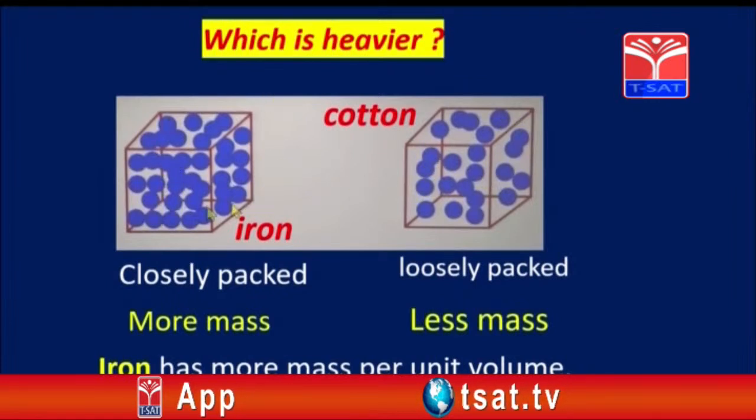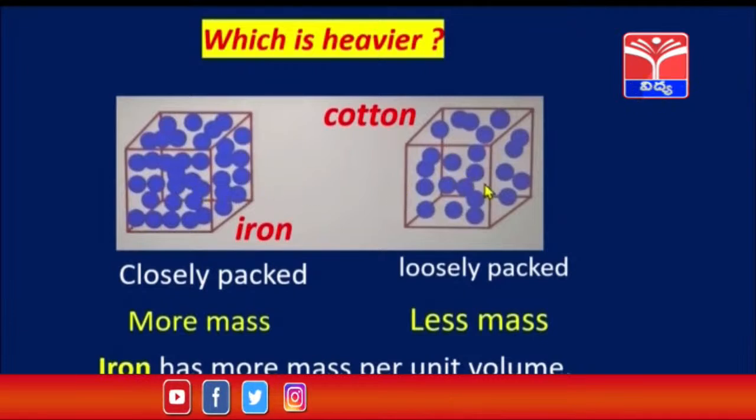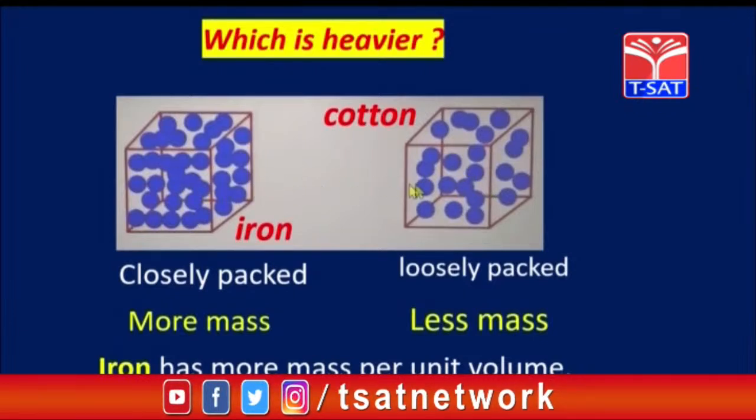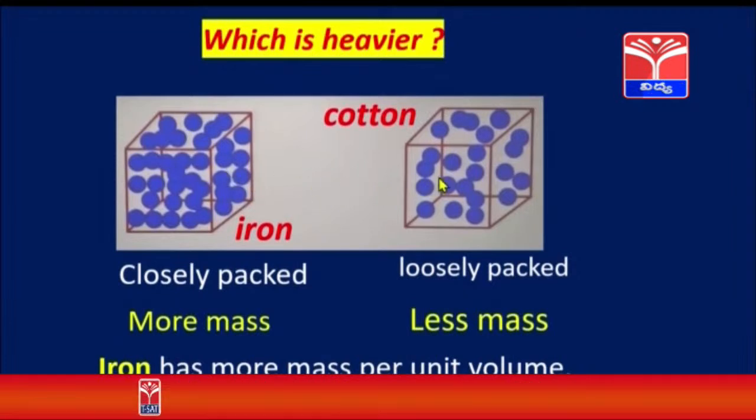You can see a cube. This is a cube and this is a cube of the same volume. Volume is the same, that means they are the same size. But in iron more molecules are there, in cotton fewer molecules are there, because of the closely packed reason and the loosely packed reason.